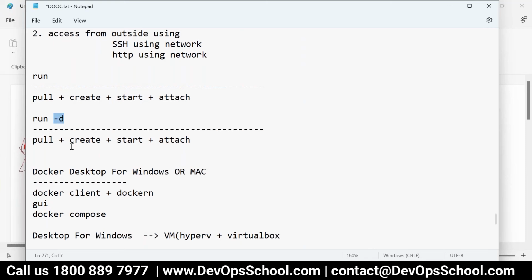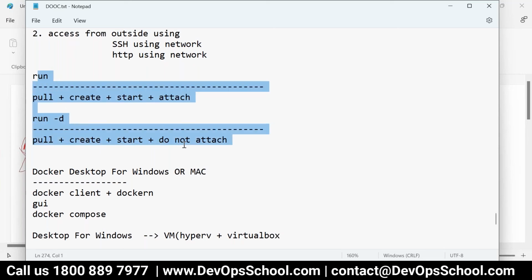So what does that mean? Run -d will do pull plus create plus start and not attach. By default it's attached. Will you remember these commands? Okay, wonderful. From now onwards, guys, I will use these commands.